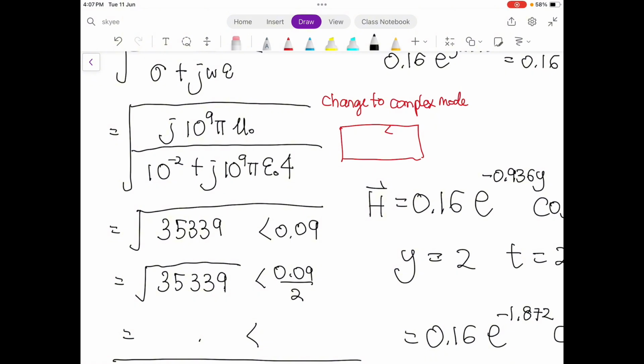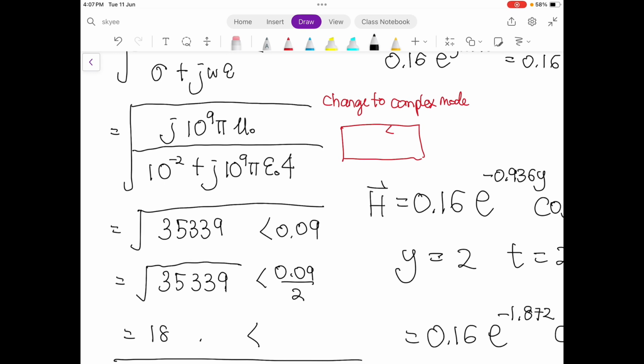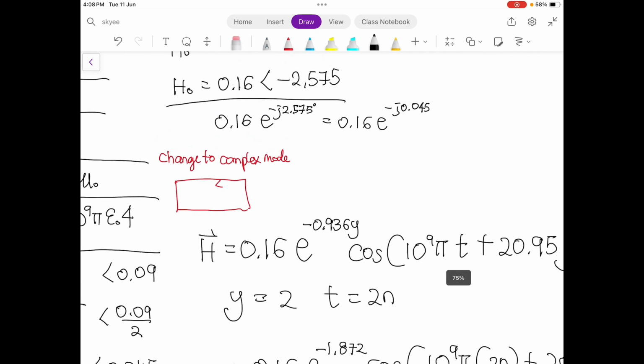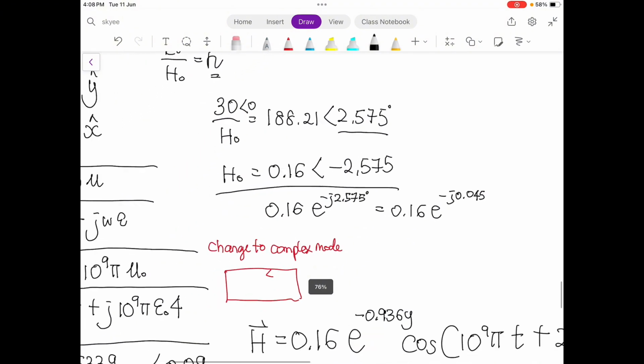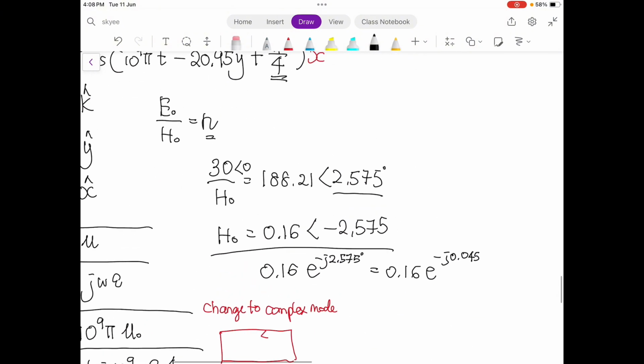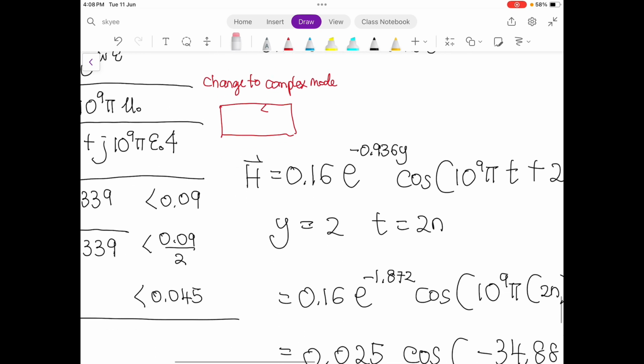Square root. So 187. The difference is just a bit. 188. Just put 188. Easy. 0.045. Just a little bit difference only. Okay, so over here is the same also.